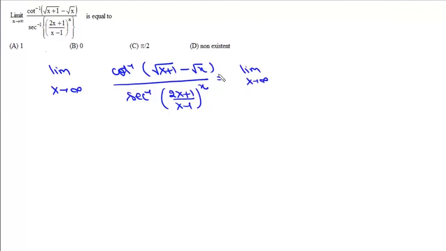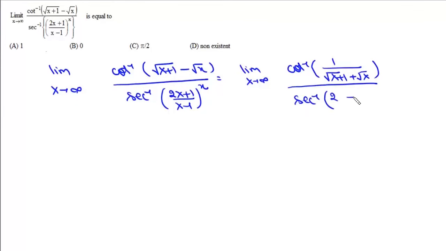x tends to infinite. When we rationalize this, we can write this as cot inverse, and it will be 1 upon x plus 1 plus under root x, and this one is secant inverse 2 plus 3 upon x minus 1 to the power x.